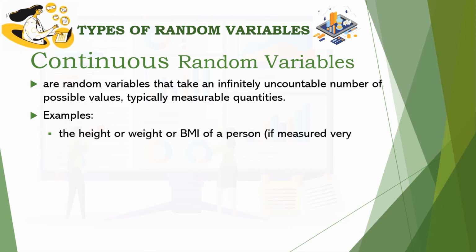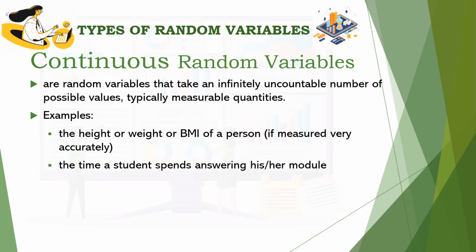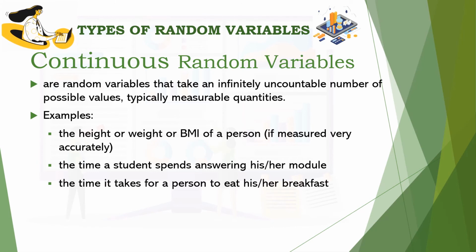Examples: if we wish to model the height or weight or BMI of a person, if measured very accurately, it would take a range of values in centimeters or grams. The time a student spends answering his or her module, and the time it takes for a person to eat his or her breakfast, these would both be continuous random variables measured in hours or minutes or in seconds.